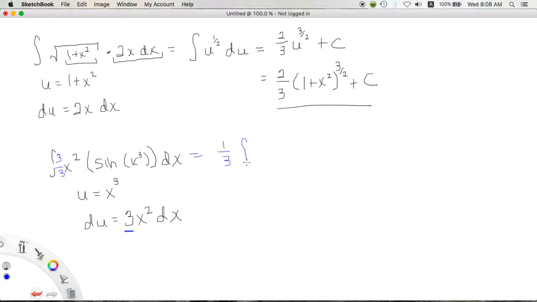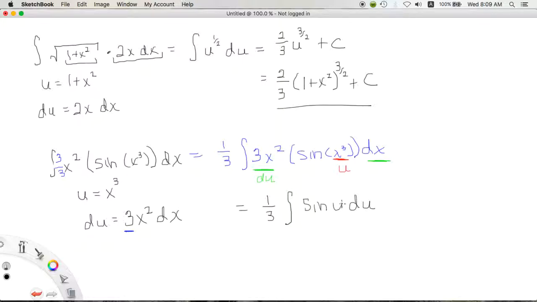You can pull that constant out front that we don't need, times 3x squared times the sine of x cubed dx. And we've got u, and we have du. So we can rewrite this as 1/3 the integral of the sine of u du, which we know how to do. So see how we got this constant in here? By multiplying by 1 in disguise.